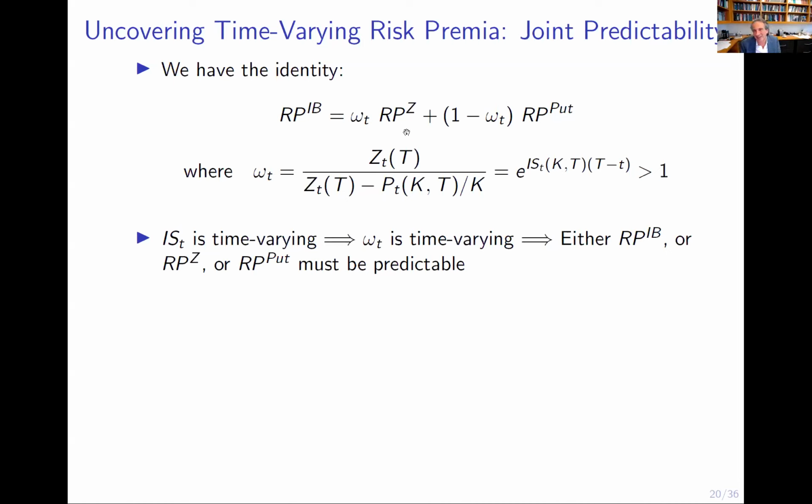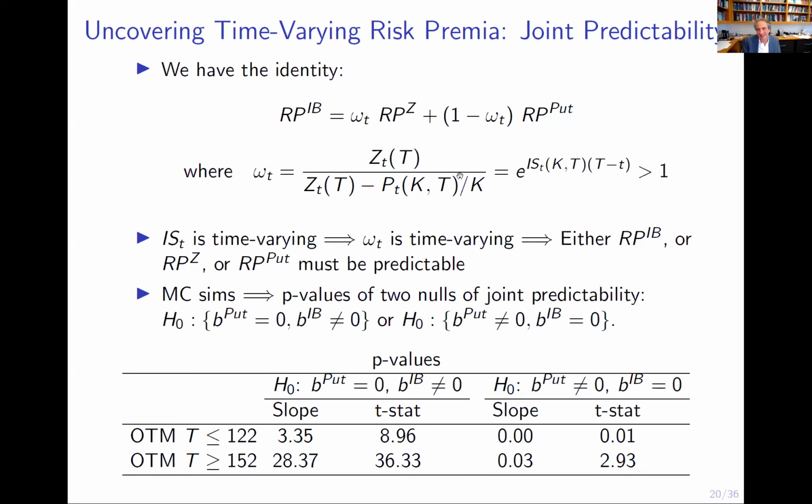So the point is, suppose that the return on zeros is independent of implied spread, which would be intuitive. Then if the return on put is not predictable, it means that the one on implied bond has to be predictable. Vice versa, if implied bonds are not predictable, it means that the one on put option has to be predictable, because otherwise it's a violation of an identity, which can't happen.